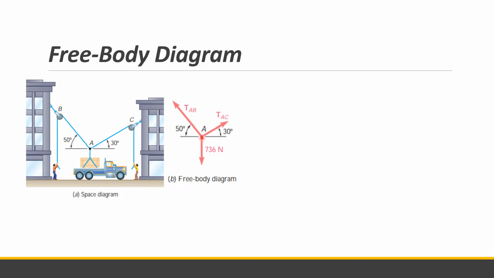So particle A is acted upon by forces TAB, TAC, and the weight of the crate. So using the polygon rule or force triangle, in tip to tail manner, so this is tip to tail, no? So the polygon closes, meaning the forces are in equilibrium, or the resultant is 0.